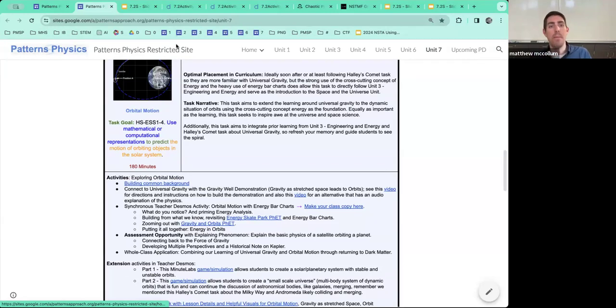This is ideally placed, or really needs to be placed, after an energy unit, unit 3. It can be right after, or it could be at the end of the year, but it really does lean heavily on energy explanations.